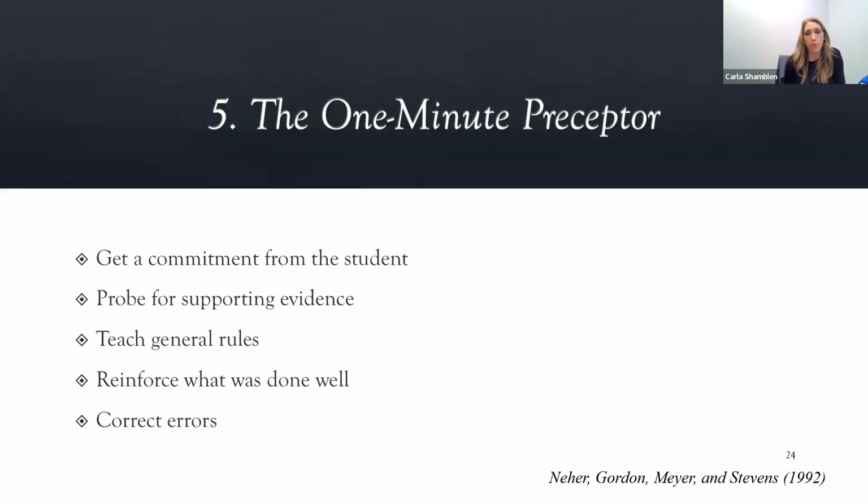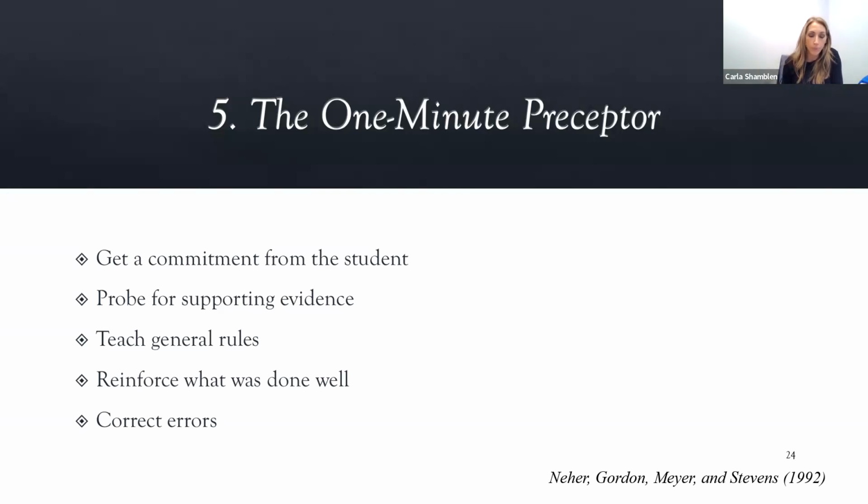There's something called the 1-minute preceptor, which you may or may not be familiar with. It's another really great, quick, on-the-spot way to teach students on rotation. As they do their case presentation, when they finish up with you, get a commitment from them of what the student thinks is going on with the patient.